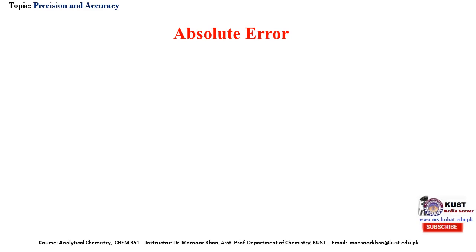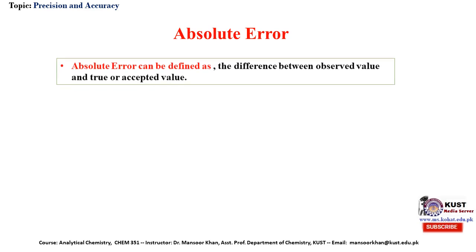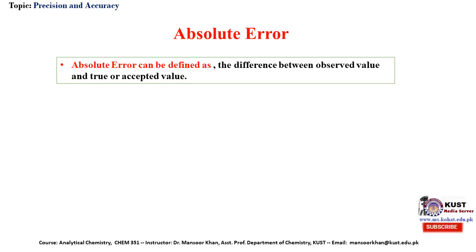Now the first one is absolute error. Absolute error can be defined as the difference between the observed value and the true or accepted value. If you know the true value of some sample, and when you obtain results while performing an experiment, then the difference between the two is called absolute error.